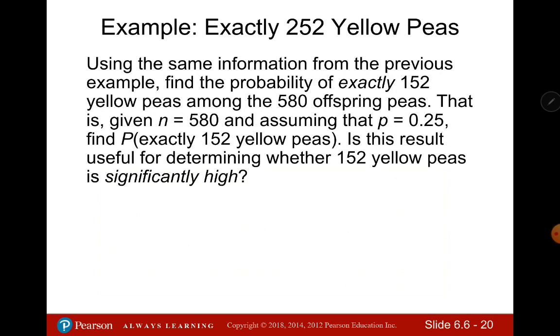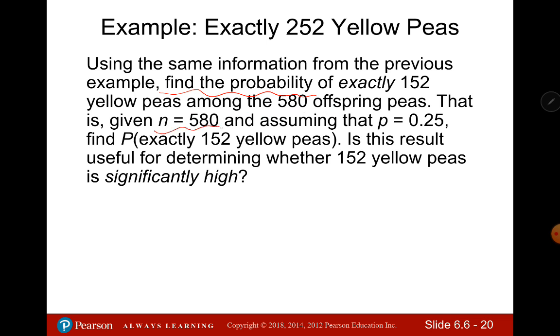Okay, let's see this example. The same background for this example, but this time we want to find the probability of exactly 152 among 580.